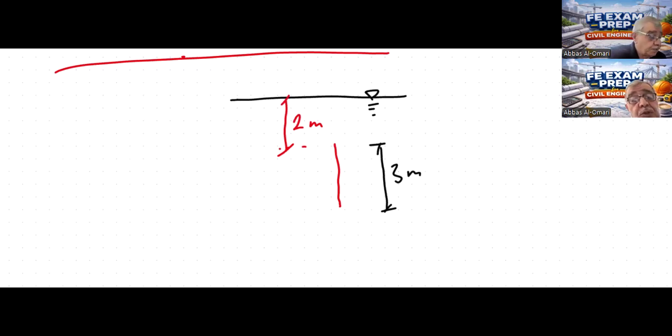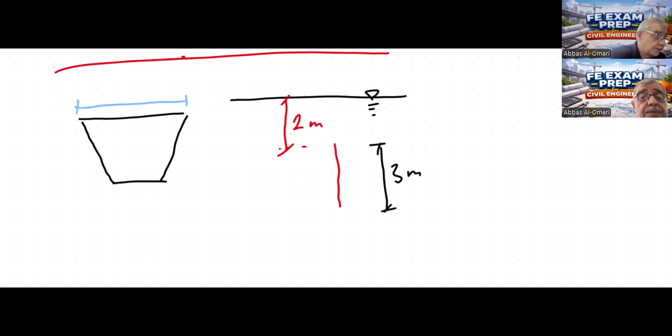It's 4 meters at the top and 2 meters at the bottom width. So the distances are as follows: this is 4 meters top width, and the bottom width is 2 meters.